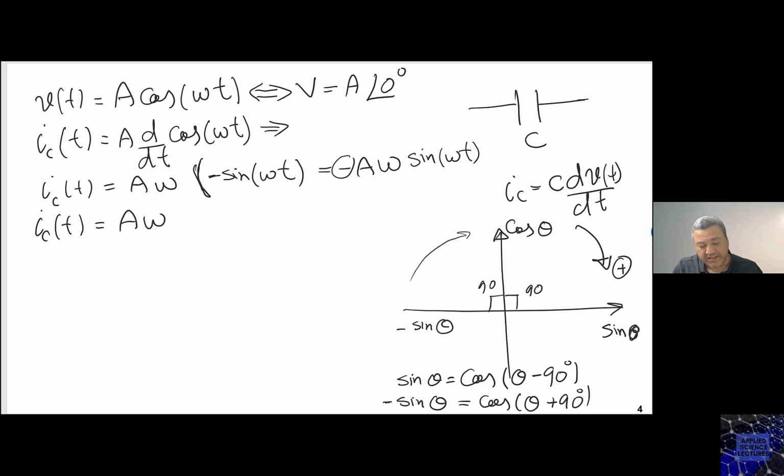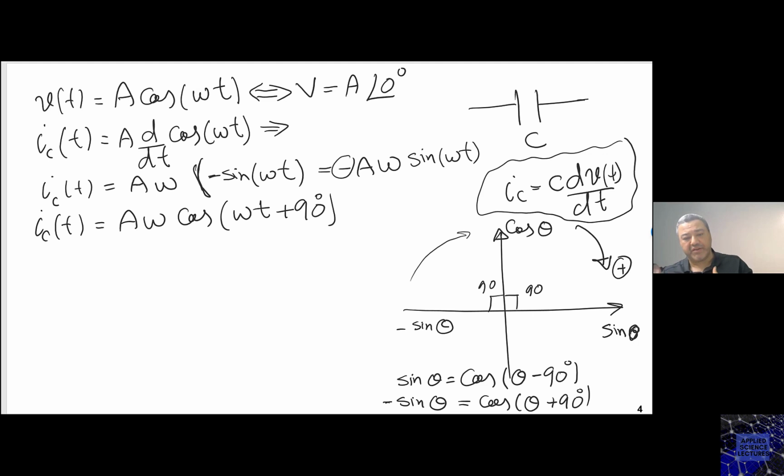Now this minus sine, whatever angle, would be replaced by a cosine, whatever angle, plus 90 degrees. So this is the current derived from this relationship that we have seen earlier in time domain.